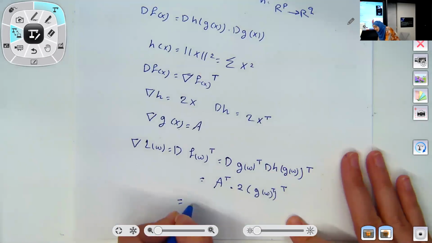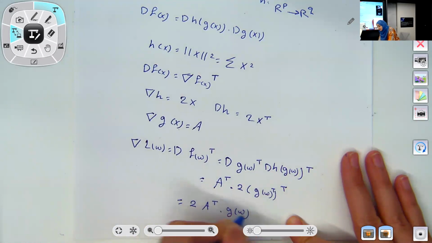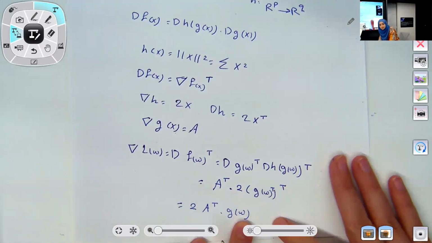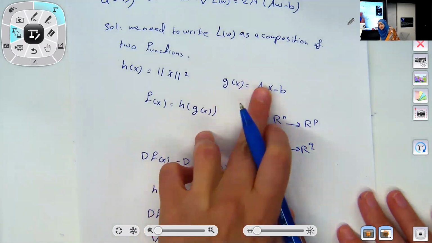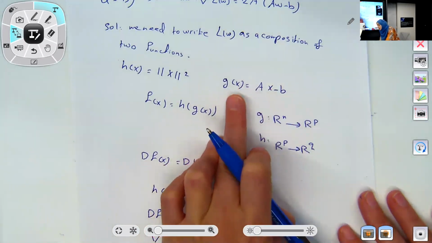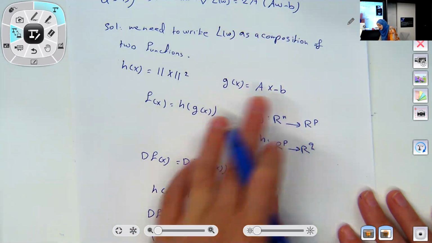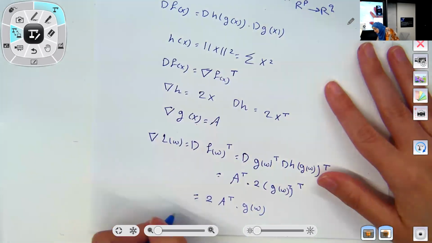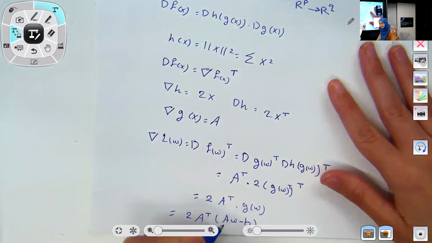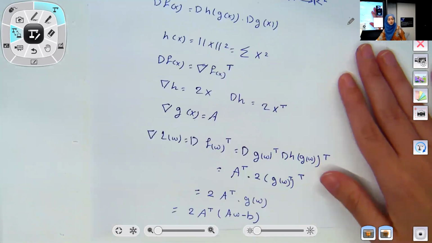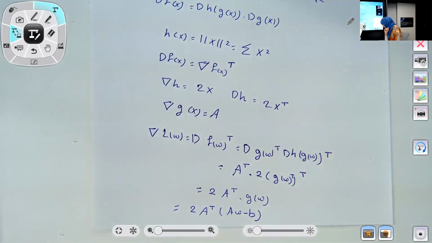So this is equal to 2 times A transpose times g of omega. We defined g of x equal to Ax minus b, so g of omega equals A omega minus b. So this is equal to 2 A transpose multiplied by (A omega minus b). This is the proof for the second part.